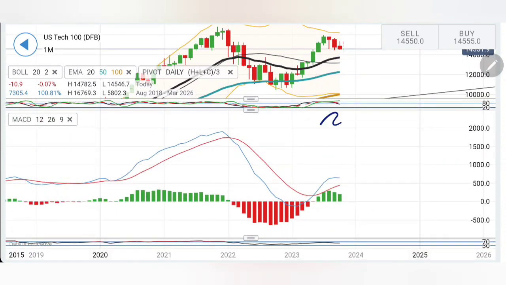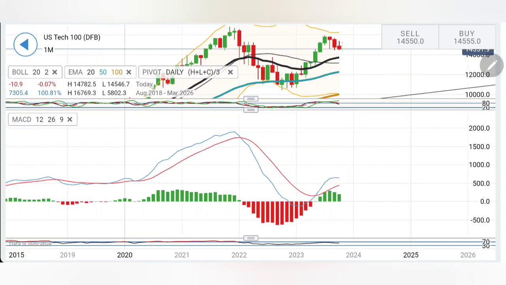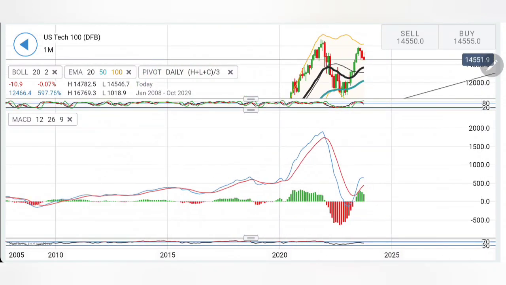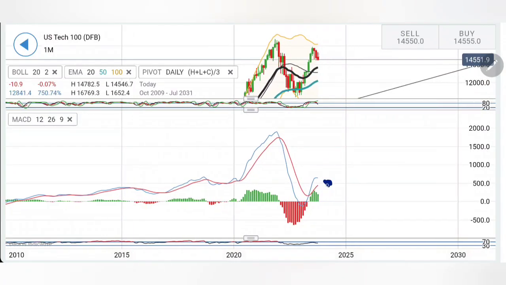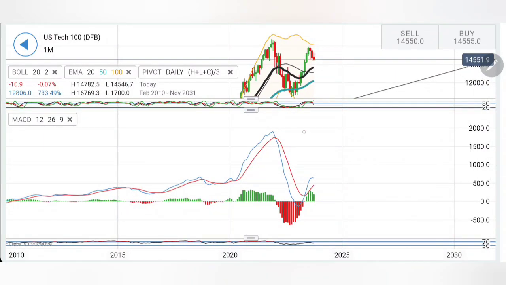Now this is important. The MACD had crossed over a few months back. It has stayed in green for a while now, trying to converge, and there was too much of divergence. That is why we can see a convergence. However, this bullish cross in Tech 100 was seen after a series of stronger bearish moves here. It has stayed bearish, and that is where this crossover was seen.